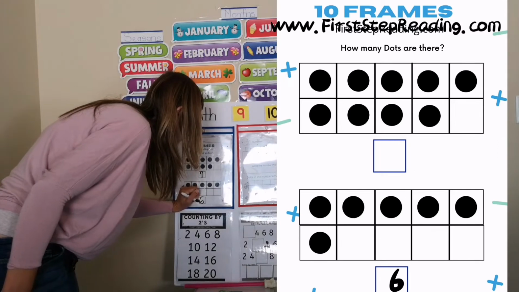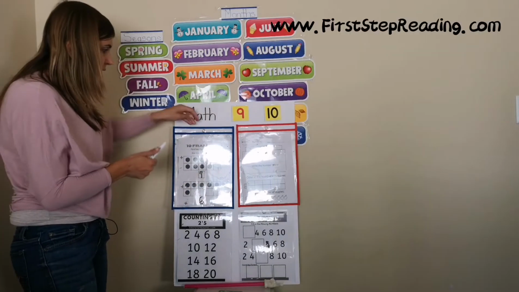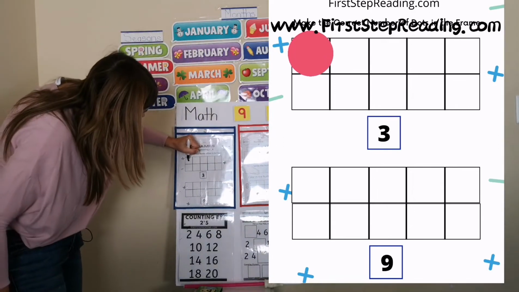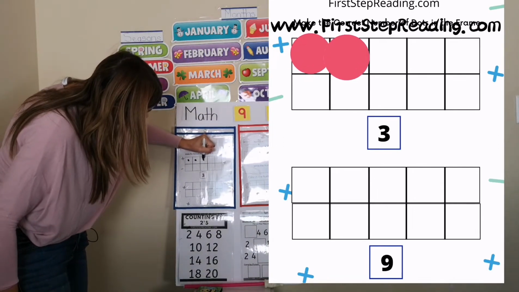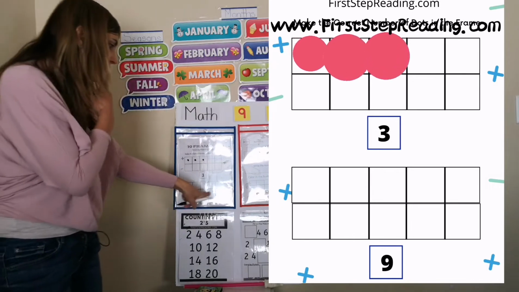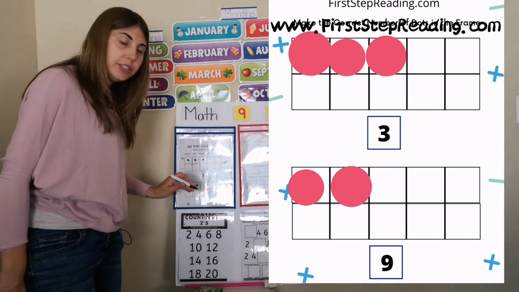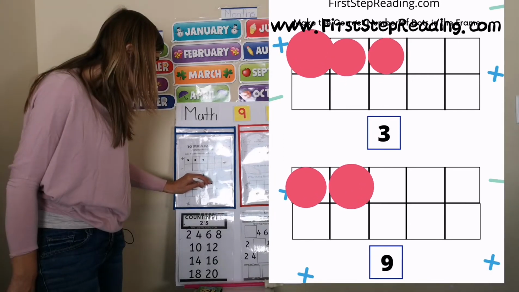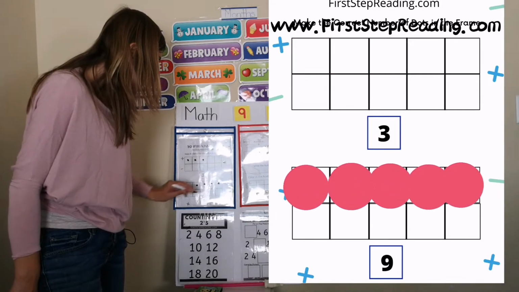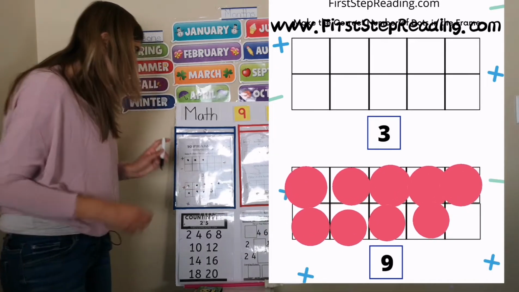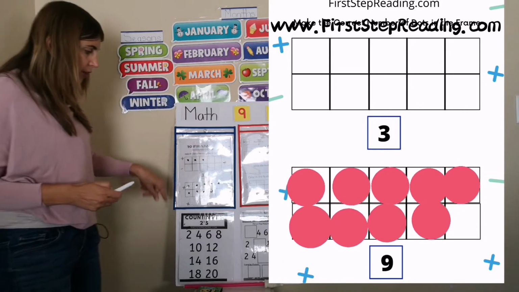And I make my 6. Okay? The other 10 frame worksheet, I'm going to do it with dots. 1, 2, 3. And now I'm going to do 9. 1 dot in each square. 2, 3, 4, 5, 6, 7, 8, 9. So that's how you draw your dots.